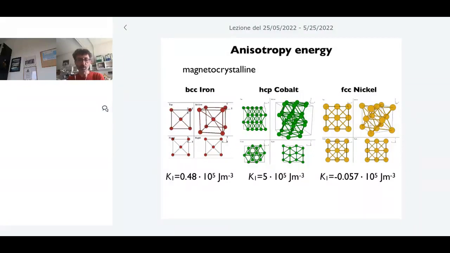Not so small, by the way, and it's positive. So it means that the magnetization will try to stay along the main axes of the cube. At the far right, you have nickel, which is FCC, and K1 is negative and much smaller, by the way. So nickel is a much softer material. I mean, there is no very big preference for being in a certain direction or another.